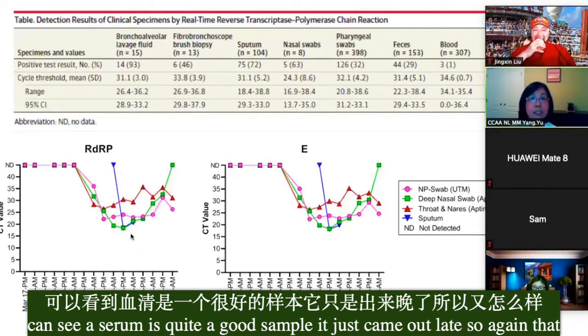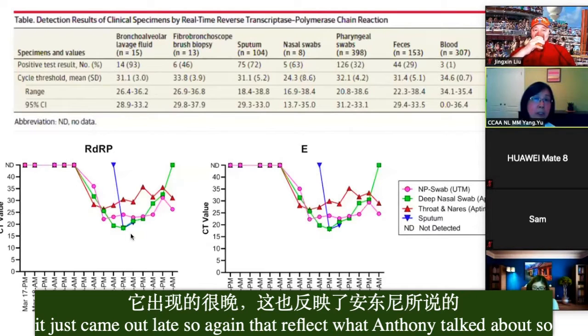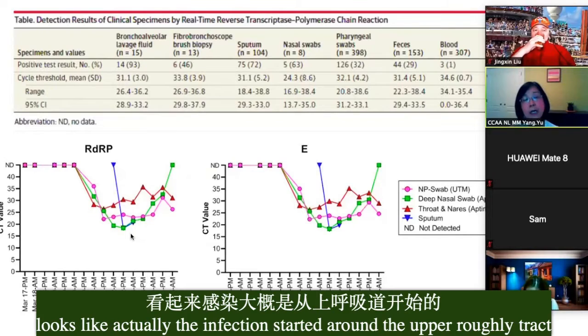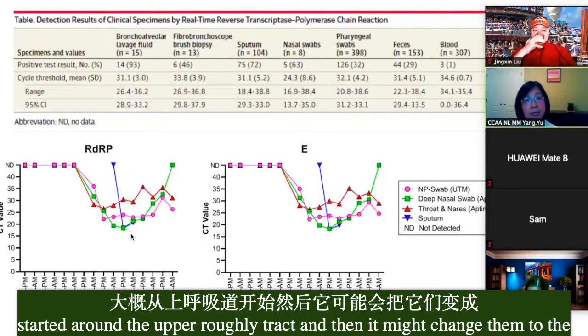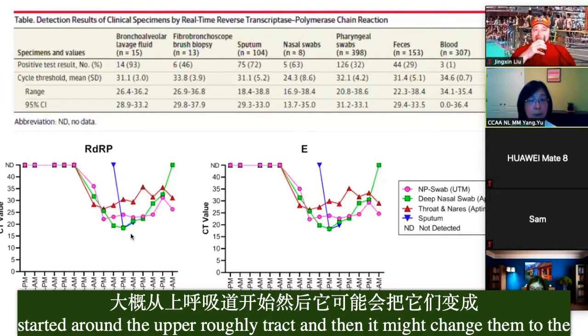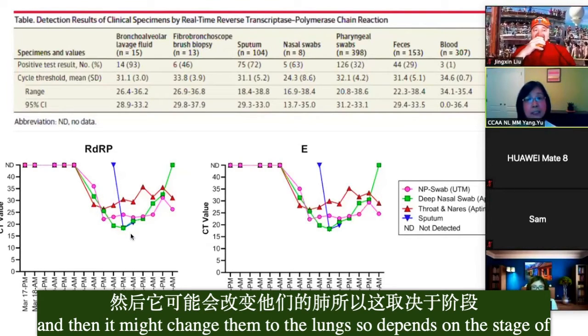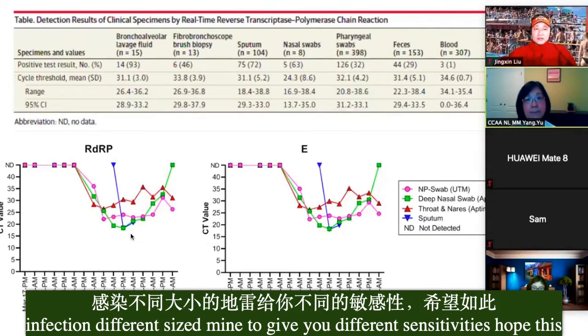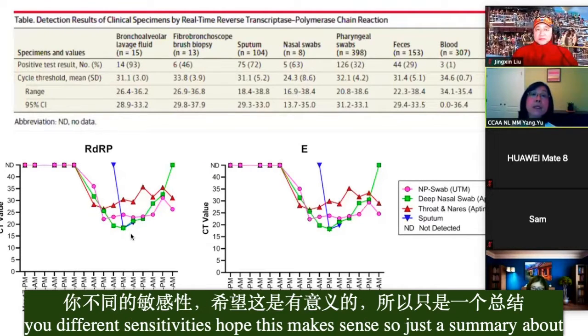Again, that reflects what Anthony talked about. It looks like the infection started around the upper respiratory tract and then might move down to the lungs. So depending on the stage of infection, different sites might give you different sensitivity. Hope this makes sense.